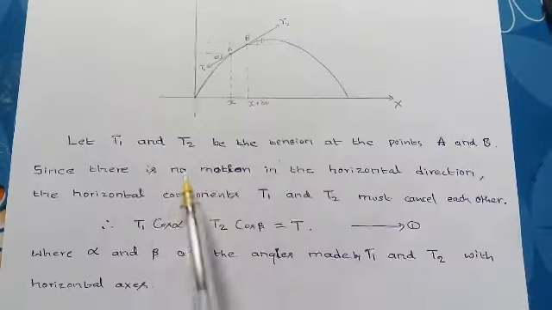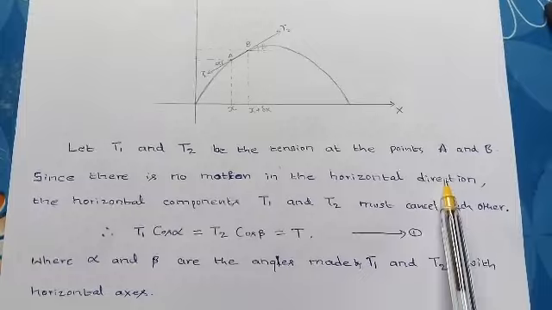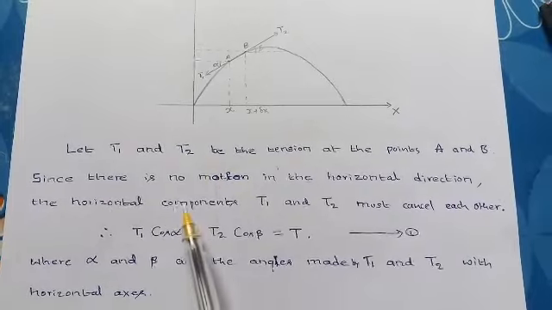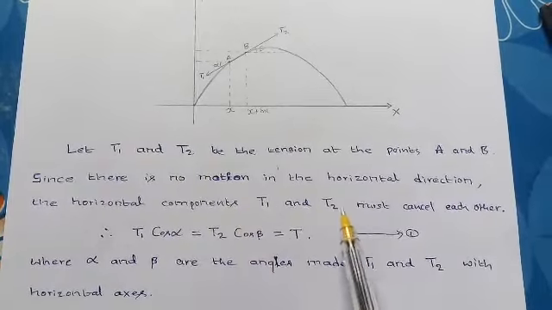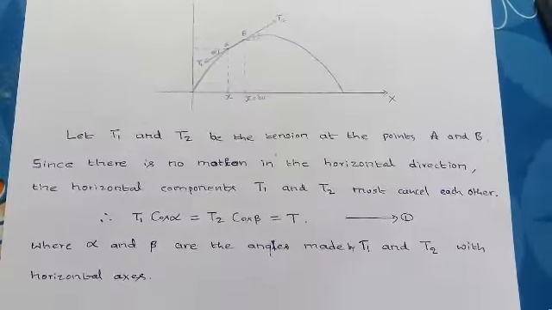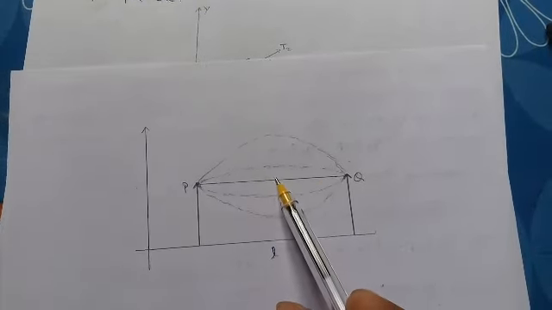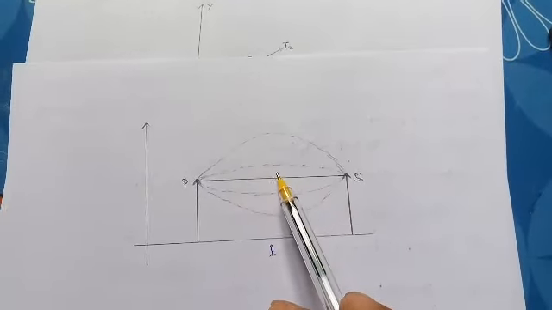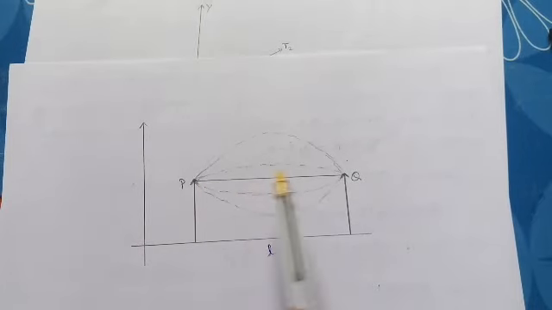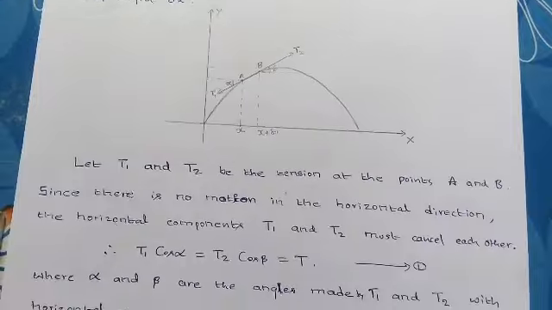Next, at the points A and B, since there is no motion in the horizontal direction, the horizontal components of T1 and T2 must cancel each other. The string does not move horizontally; if we tap at one point, we only get vibrations along the vertical direction.